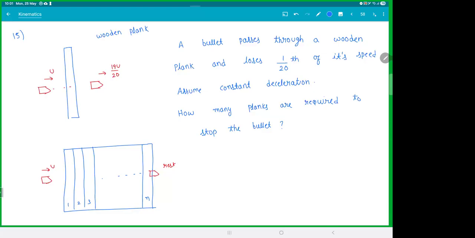Get this, it's the standard model, and you must have seen this. I hope the data was clear. Be careful, the answer is not 20. Because it is losing 1 by 20, don't think like, oh, 20 planks will stop. No. Right, Prisha. We have two answers.